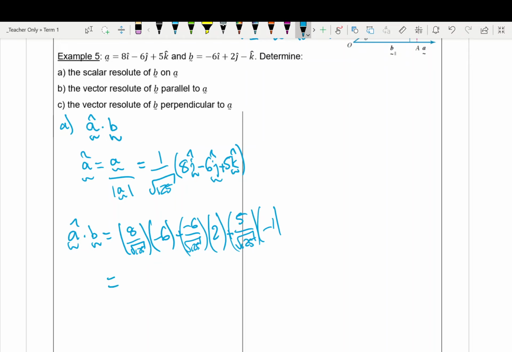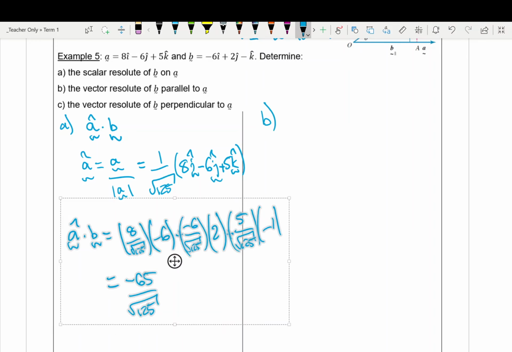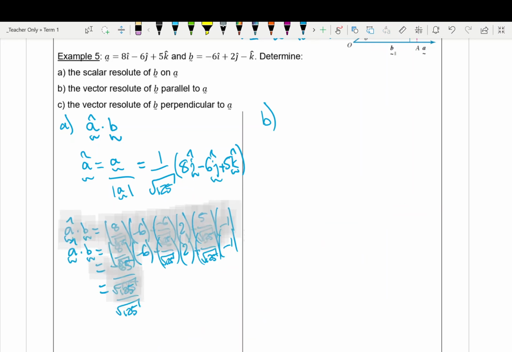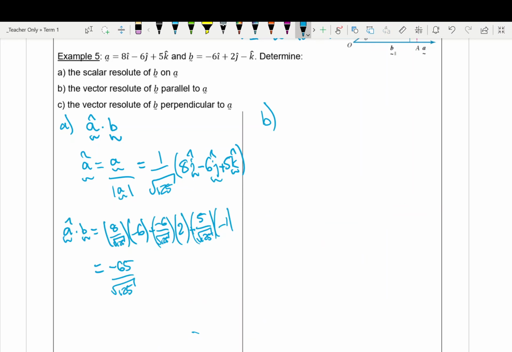So if we compute all this, we get -65 over square root of 125. Okay, looking at part B, I'm actually going to make this a bit smaller. I'm writing at an angle so that I can get the microphone in front of me, but it's looking a bit wonky.